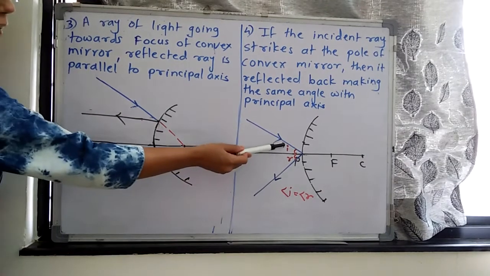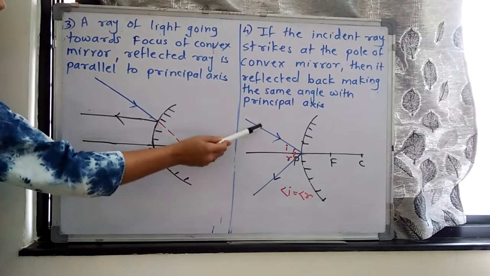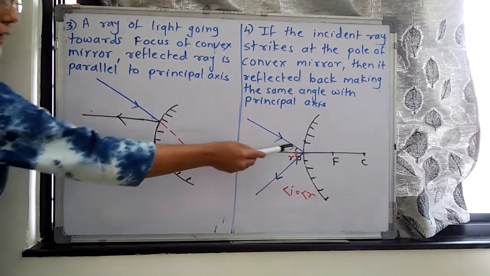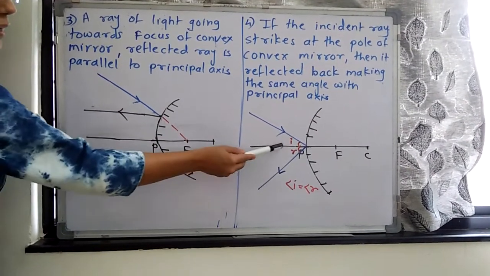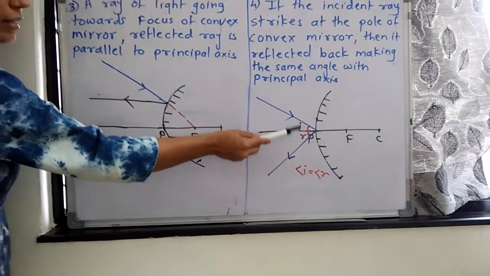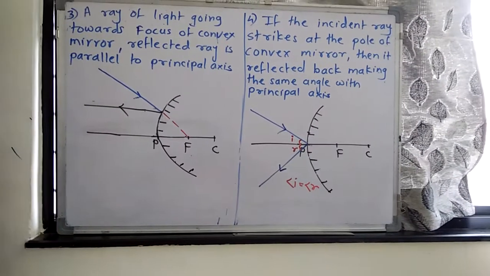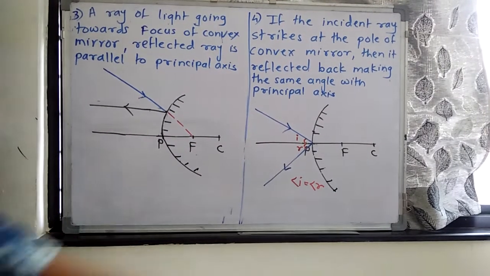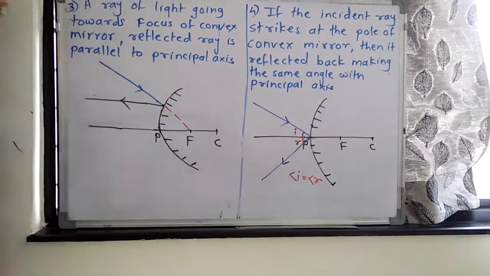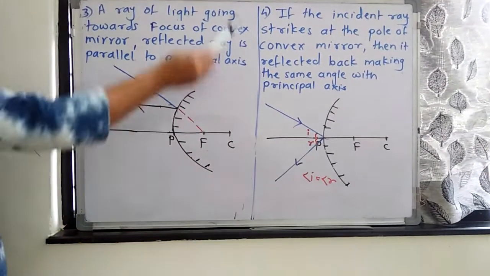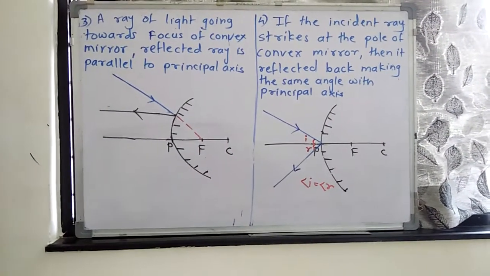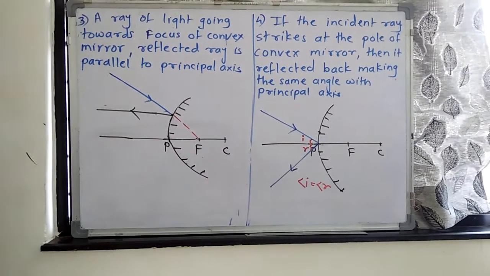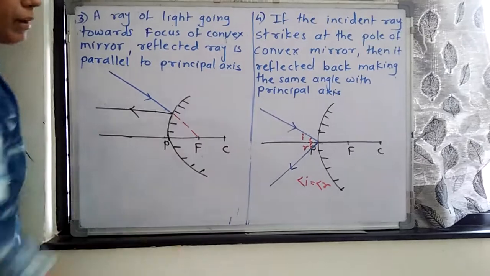So here we get the angle of incidence between incident ray and principal axis. Then it is reflected back, making the same angle, means angle of incidence and angle of reflection are the same. So this is incident ray and this is reflected ray, and here angle R is equal to angle R. So what is the rule? If the incident ray strikes at the pole of the convex mirror, then it is reflected back, making the same angle with the principal axis.